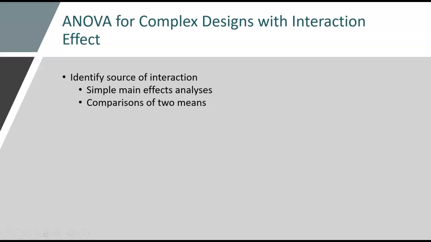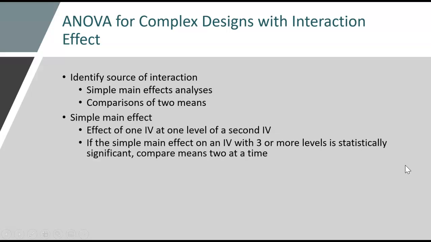So first you want to look at the interaction, and if you have an interaction effect, then looking at the main effects is going to be more challenging. So if you have a significant interaction effect, then you really need to look at the effects of your first independent variable by separating out the groups defined by your second one.